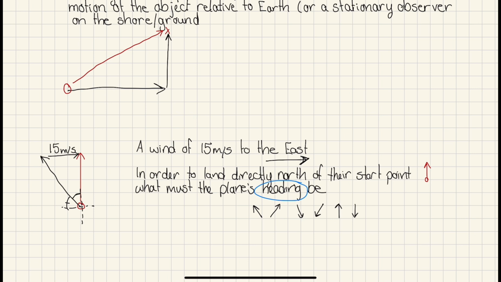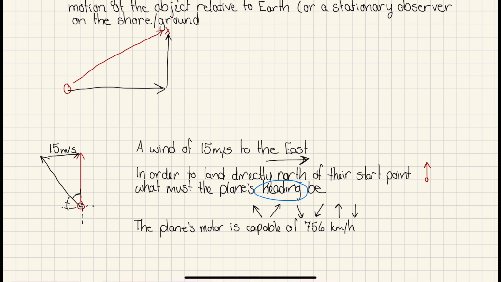And the only thing I did not give you in this question yet is the velocity that the plane is capable of. So if the question states the plane's motor is capable of 756 kilometers per hour, well, where does this number go? So you might think, well, because the plane is actually going this way overall, that's where it goes. But no.